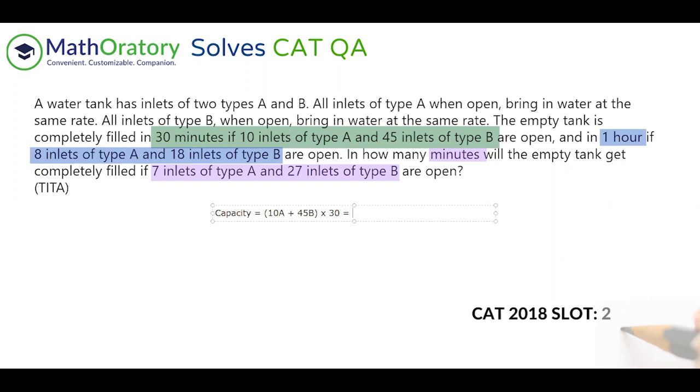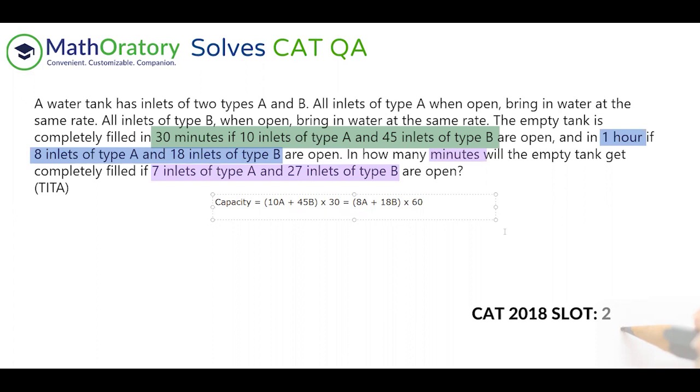That also is equal to when 8 of A and 18 of B are working, they'll complete in 60 minutes, 1 hour, right? Both of these are the total capacity, or simply put, the total work in this case. We'll require this once again later.